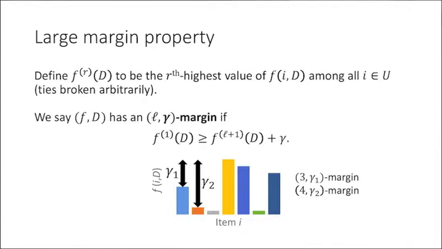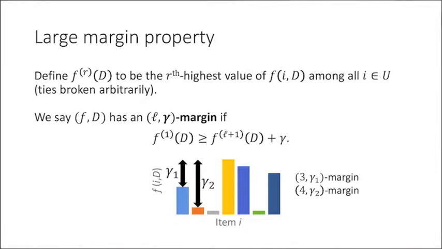So that's the concept of what we call the L gamma margin. This is a bit different from the previous concept that people had been considering of looking at a gap between the rth best and r plus first best. Here we're looking at a gap between the best and the L plus first best.